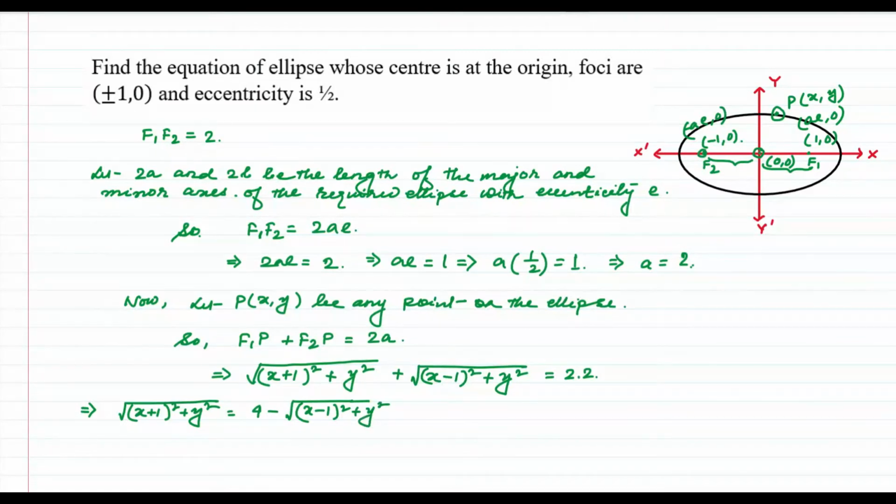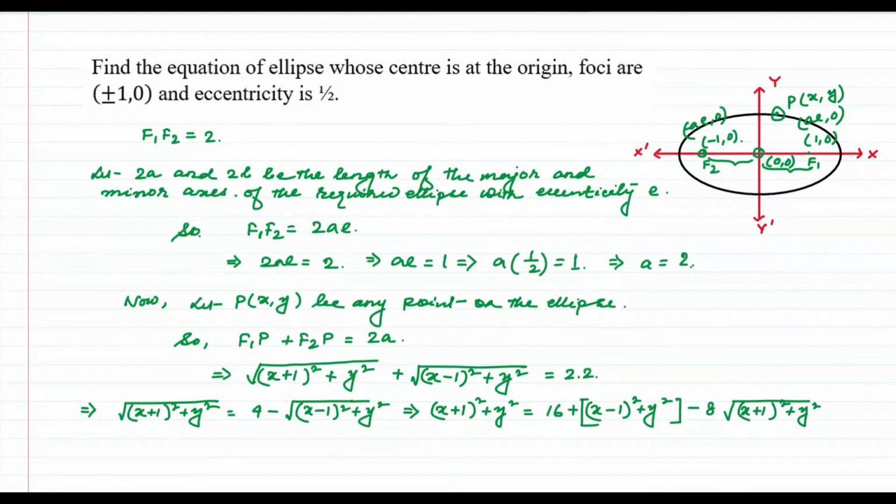Once we do the squaring on both sides, it should be (x plus 1) whole square plus y square, and the right side should be (a minus b) whole square, so a square plus b square minus 2ab. So it will be 8 root over (x plus 1) whole square plus y square.